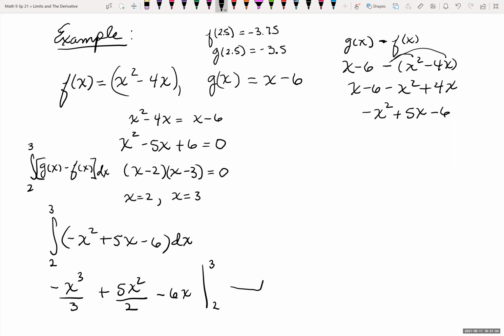So let's plug in 3 wherever we see an x. I get 3 cubed is 27, divided by this 3 below, that's 9, and I have a negative out front.